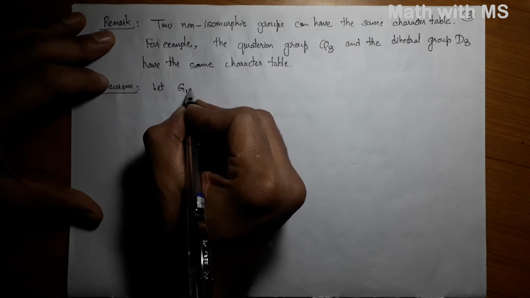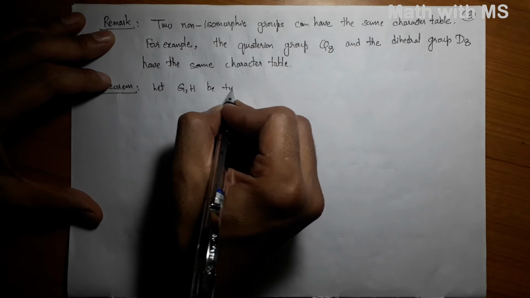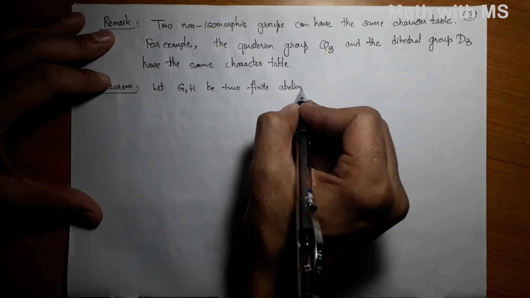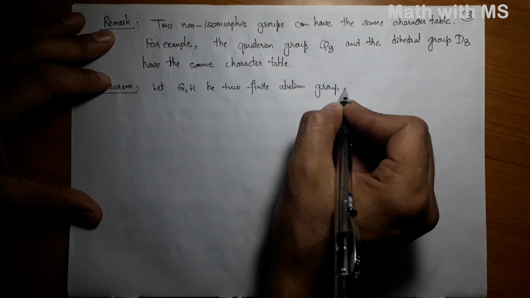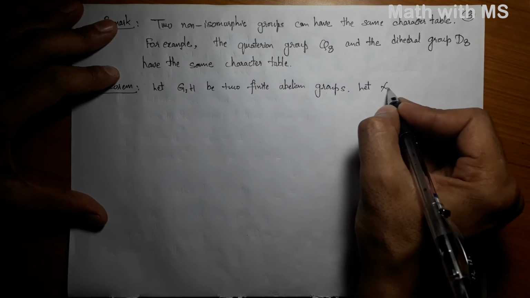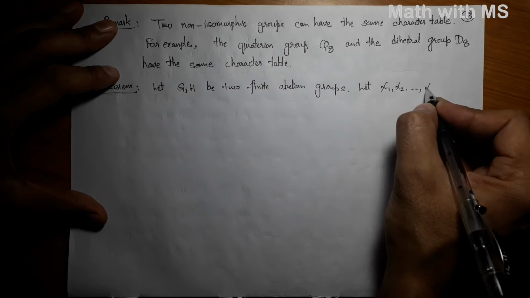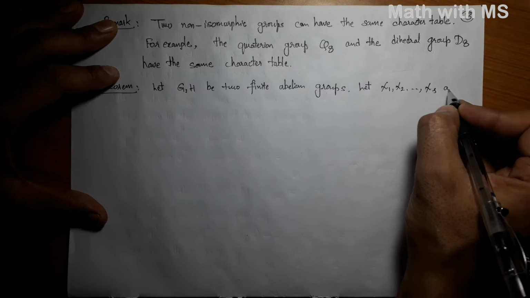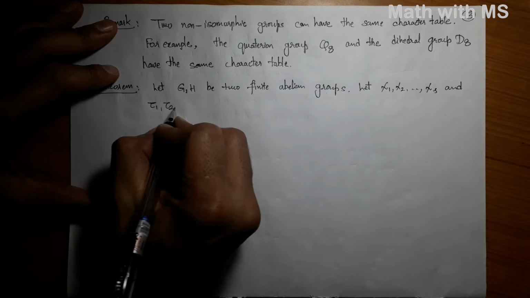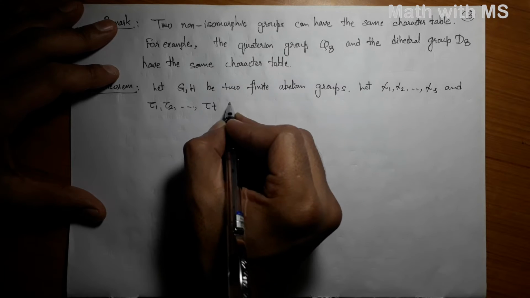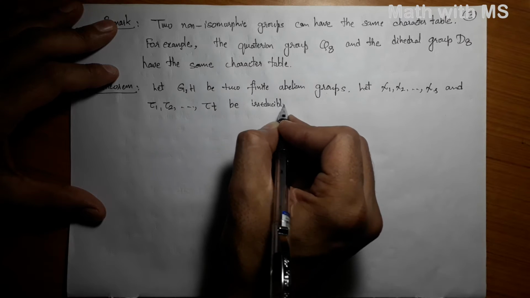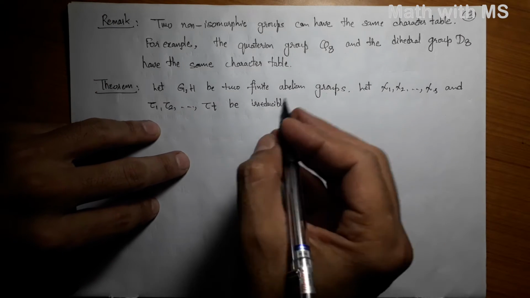So let G, H be 2 finite abelian groups, let chi1, chi2, so on, chi-s, and tau1, tau2, so on, tau-t be irreducible characters or irreducible representations. They are the same for abelian groups.